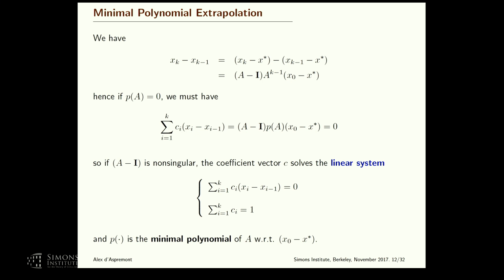And so if p of A is equal to 0, we must have that the c-weighted sum of increments has to be 0, too. That plus the normalizing constraint gives us a linear system that allows us to solve for the optimal weights c. Okay? And so in particular, the polynomial p is the minimal polynomial of the matrix A with respect to x0 minus x star.